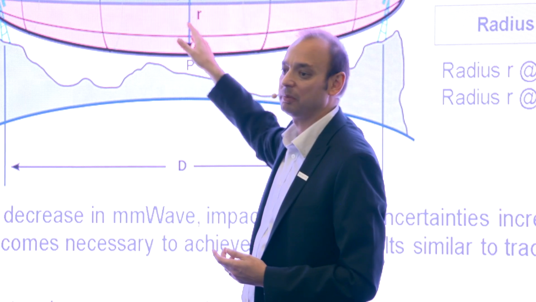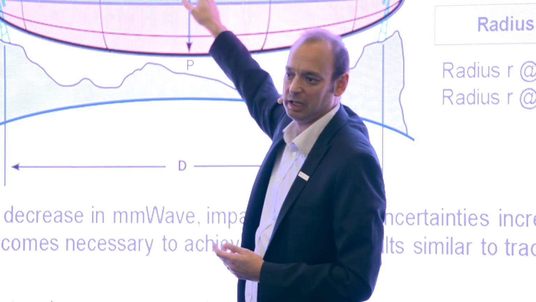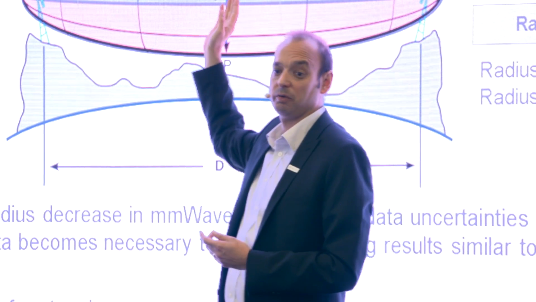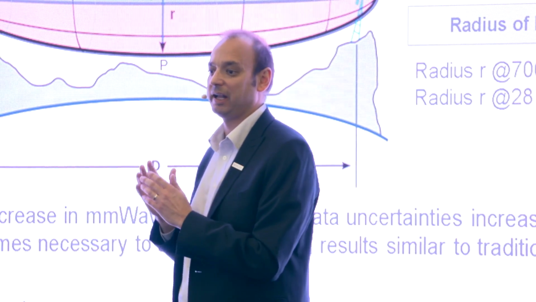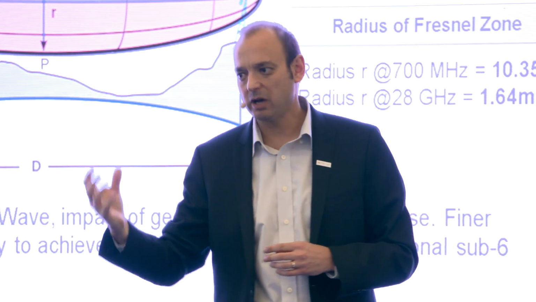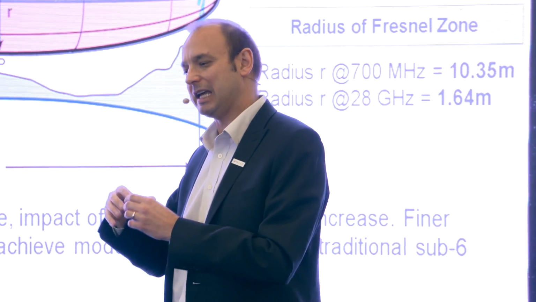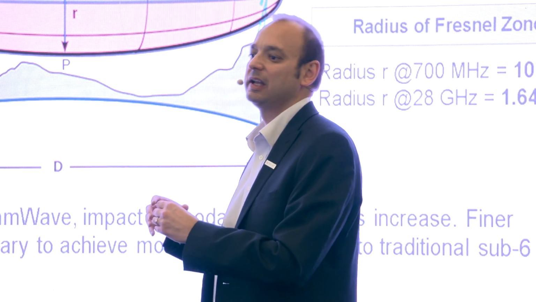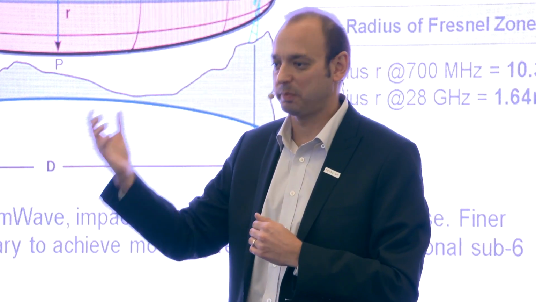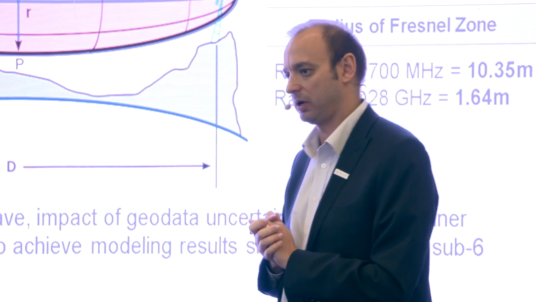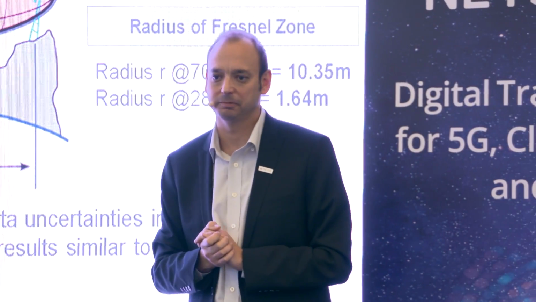And if I have a plus or minus 2 meters inaccuracy in the millimeter wave case, it may block the entire 100% of that Fresnel zone. So it's not that the Fresnel zone doesn't have any impact from the geodata, but the geodata uncertainties have a larger impact on the predictions because the Fresnel zone is smaller. Okay.